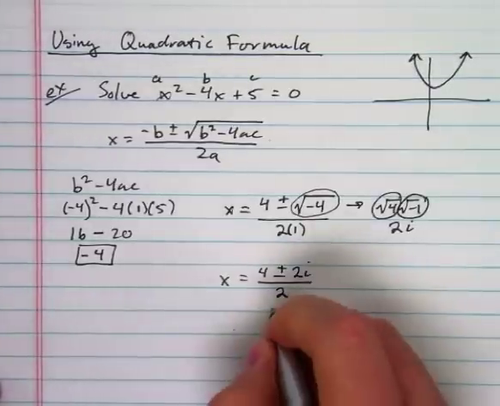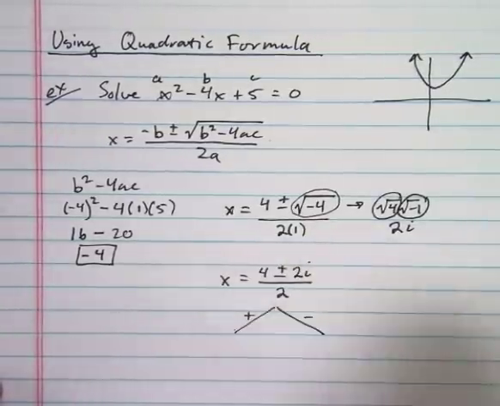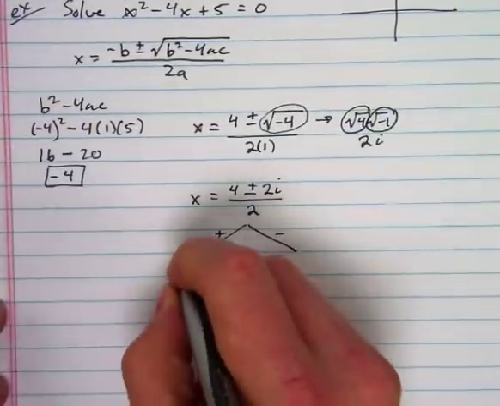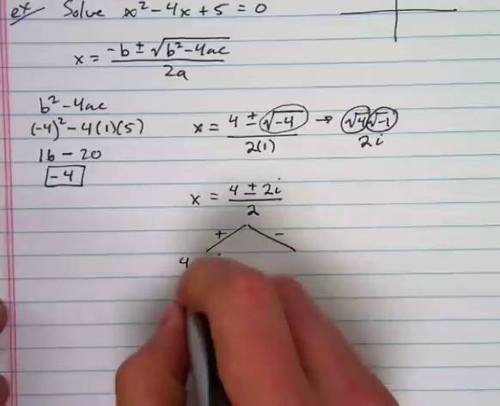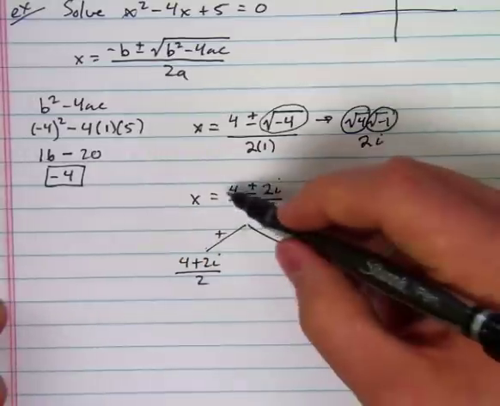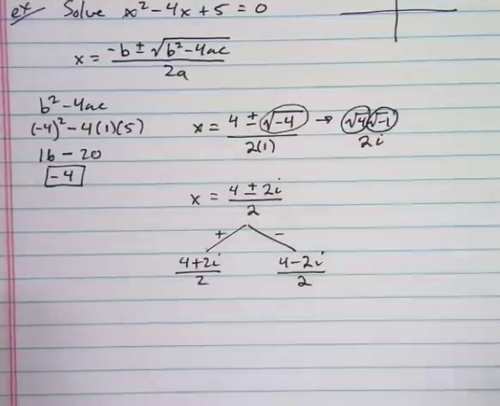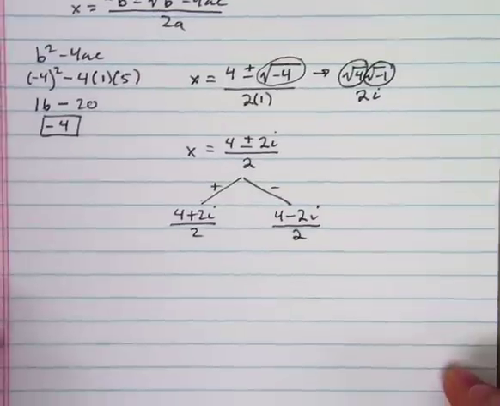Now we have two answers here. I call it the high road and the low road. The high road is when we add, so this would be 4 plus 2i all over 2. The low road is 4 minus 2i all over 2. You should always get two answers.